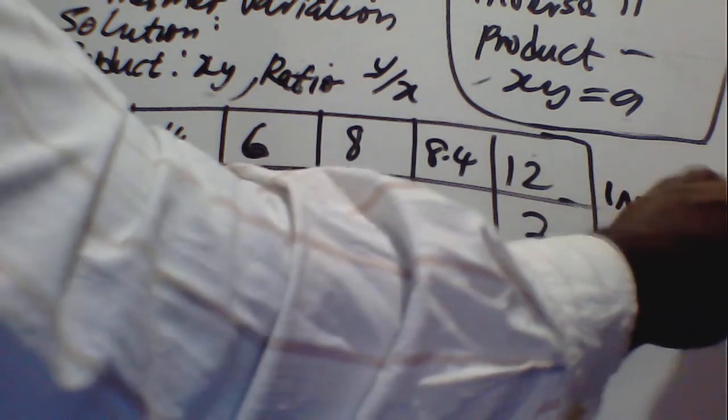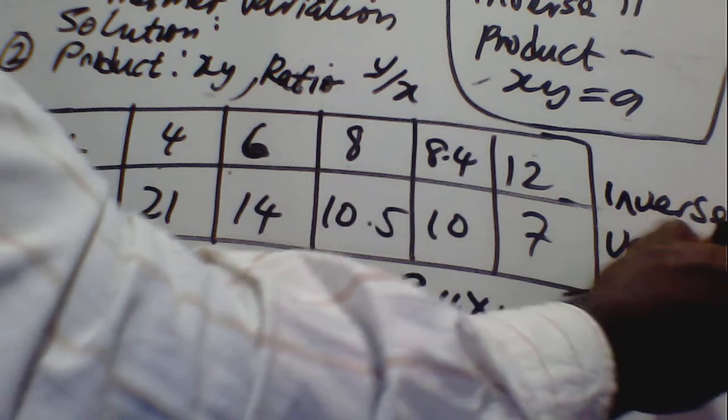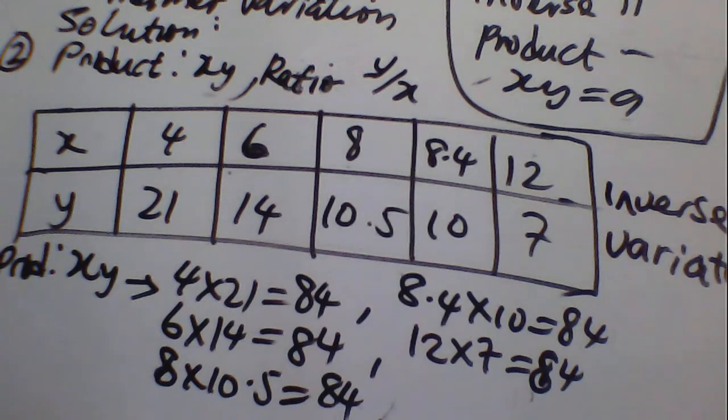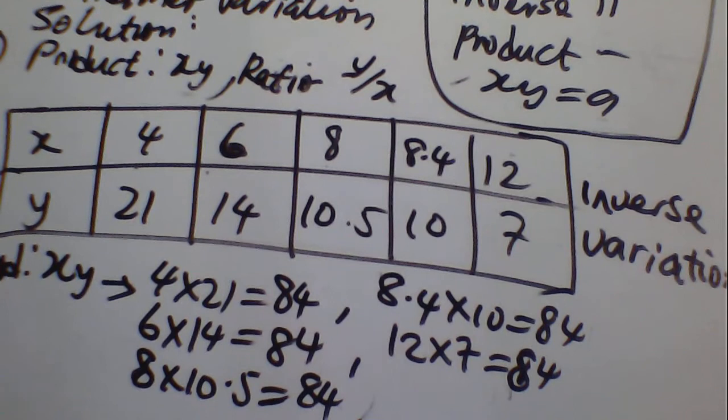Inverse variation. So this is how we can identify a set of data pairs by applying the product and ratio rule to say if it is a direct or inverse variation.